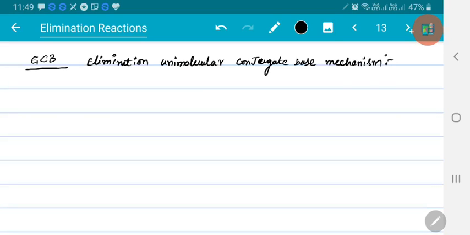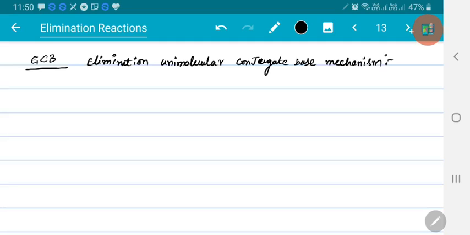Now here for E1 mechanism there must be a good leaving group and neutral bases are required, followed by heating. For E1 mechanism, good leaving group and there must be a neutral base on heating, right? So formation of carbocation, rearrangement is possible. This is about E1. Coming to E2. In case of E2, we require a strong base because the base has to abstract hydrogen first. Abstraction of hydrogen and the leaving group should leave in the same step. So it is a concerted mechanism.